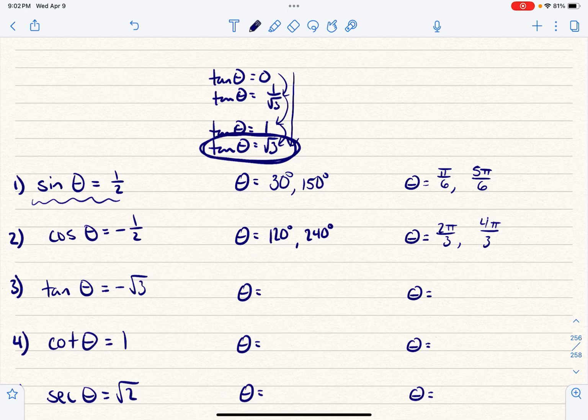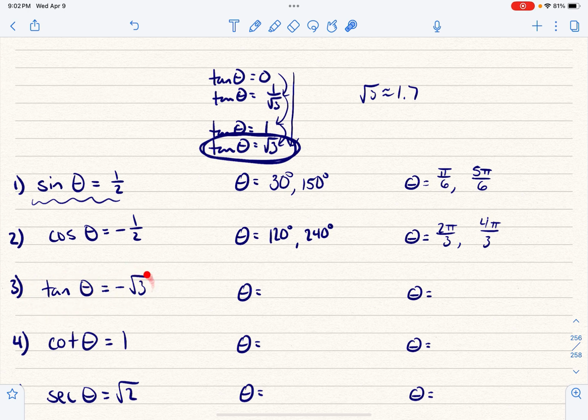Now, if you grab a calculator and find out what square root of 3 is, it's something about 1.7 something, okay? And so therefore, this, like I said, is bigger than 1. So I start to remember, and I think about tangent theta being slope.